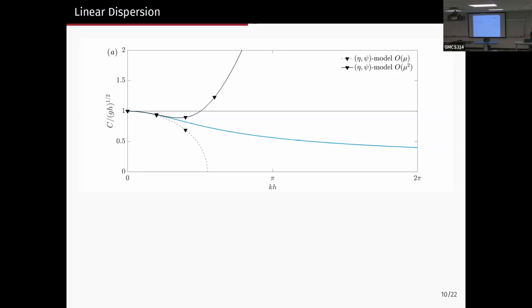And the blue one is the exact, like if you take the initial equations and you linearize and calculate the dispersion, you find this curve. If you derive, for example, the shallow water equations, you will see that they are not dispersive. That is, every wave number travels with the same speed. This is true only if the water is very shallow. Very shallow means KH is very small.